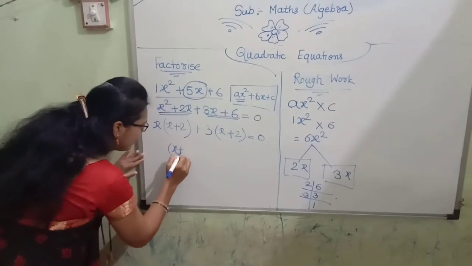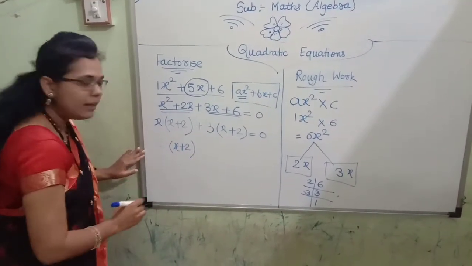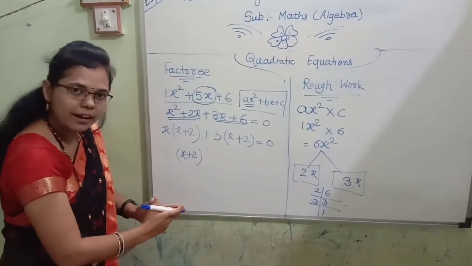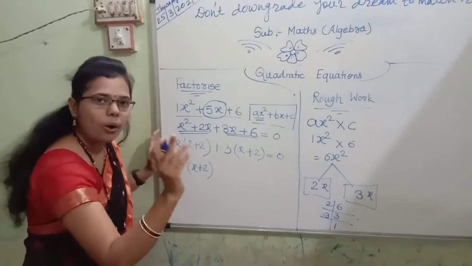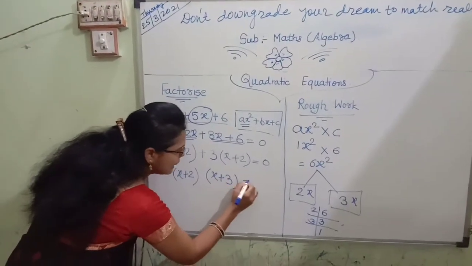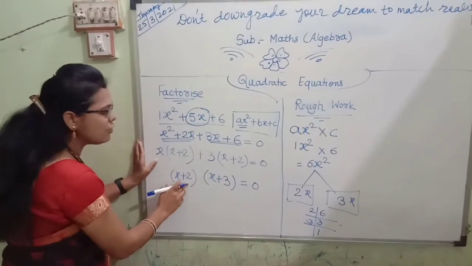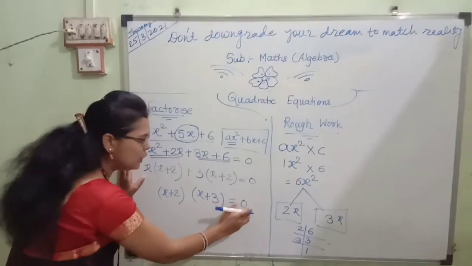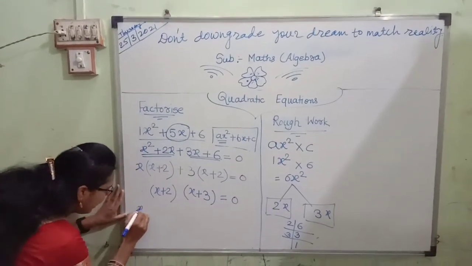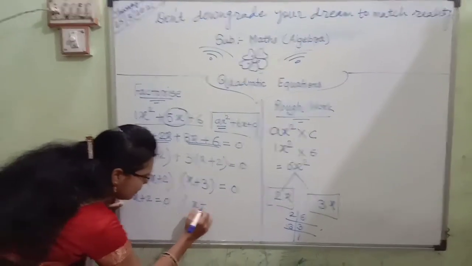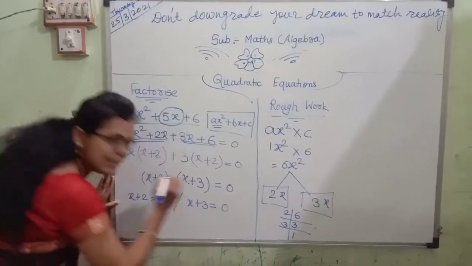Then whatever removed common numbers and common variables are there, I am going to write in one bracket. It is x plus 3 is equal to 0. X plus 2 second bracket x plus 3 is equal to 0. It means x plus 2 is equal to 0 or x plus 3 is equal to 0.